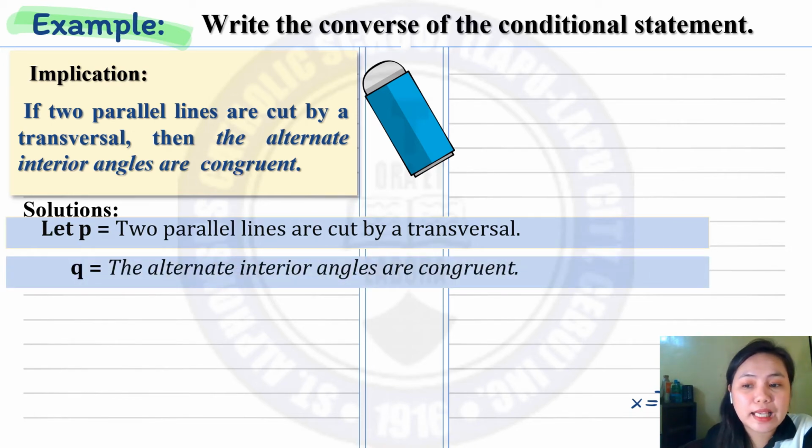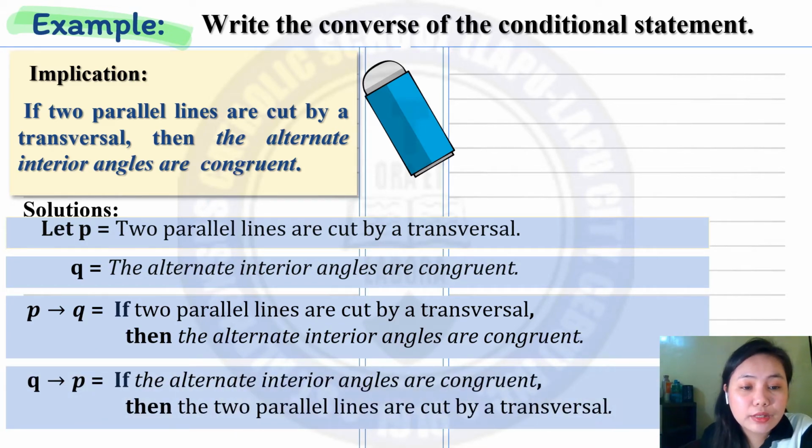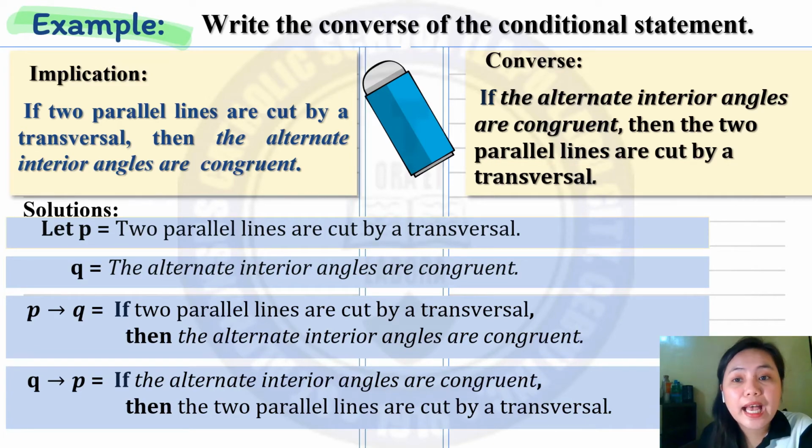Then we'll let Q be our second statement, which states the alternate interior angles are congruent. Since we need to look for the converse, and remember, in converse, if Q, then P. So if the alternate interior angles are congruent, then the two parallel lines are cut by a transversal. So that will serve as our converse in this conditional statement.